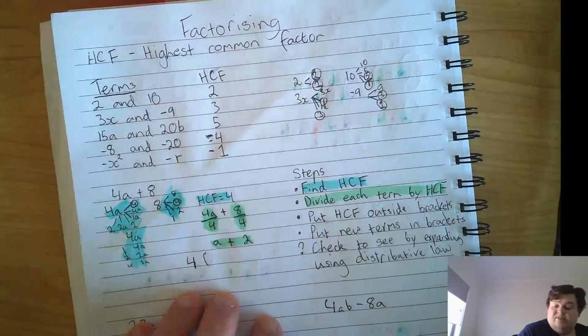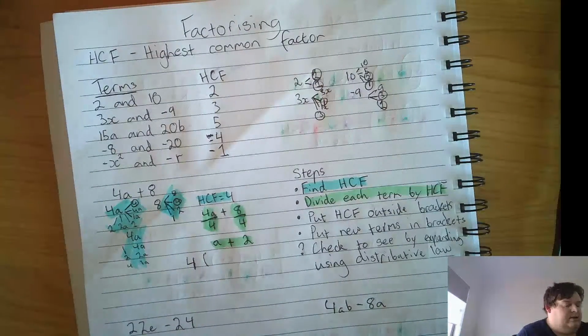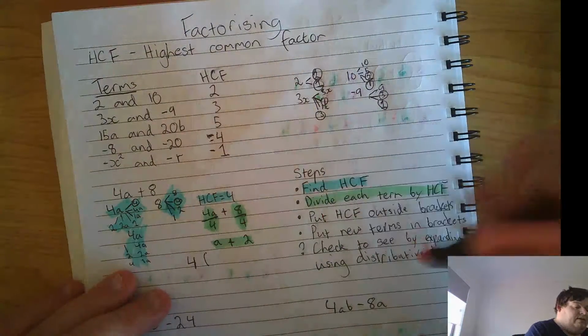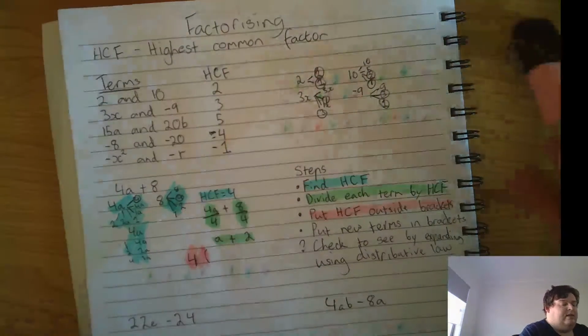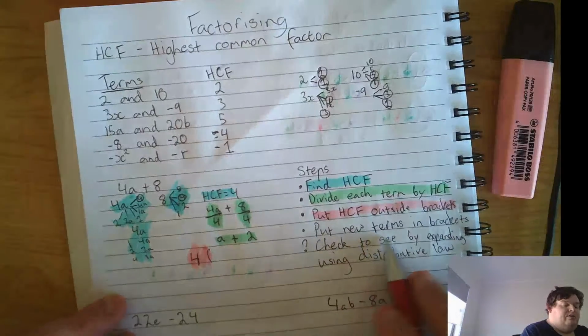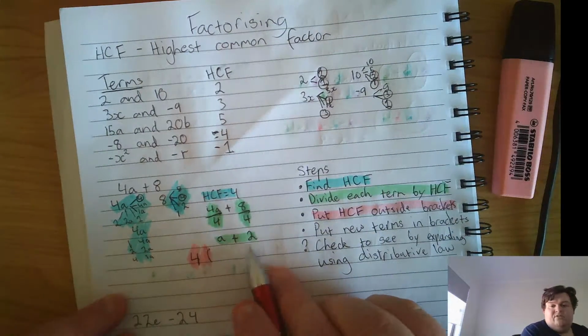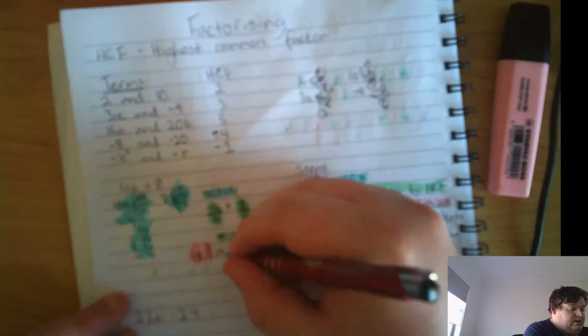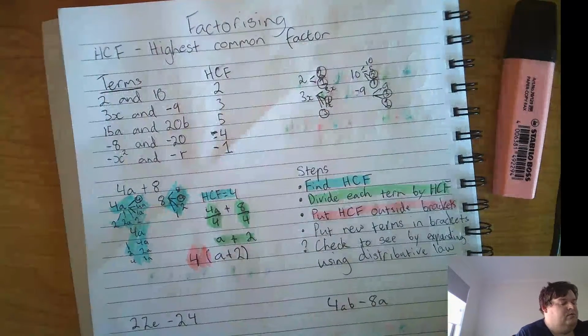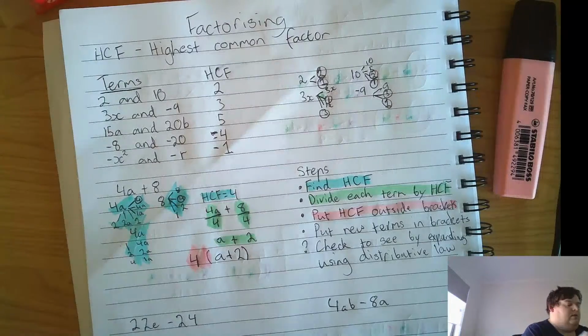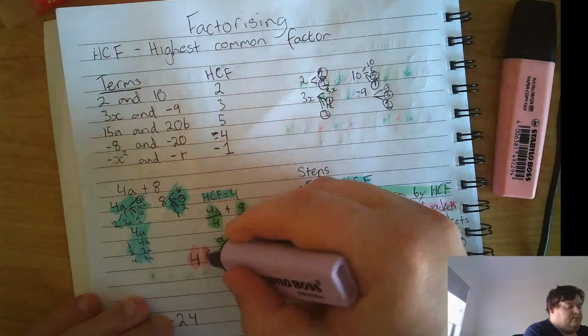So I put the highest common factor outside brackets. Easy. And the last step is to put the new terms, which are a plus 2, inside the bracket. a plus 2. Beautiful. And that's my last step.